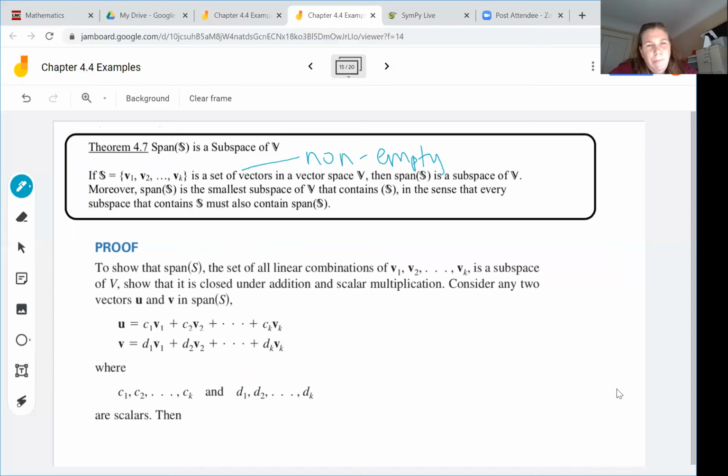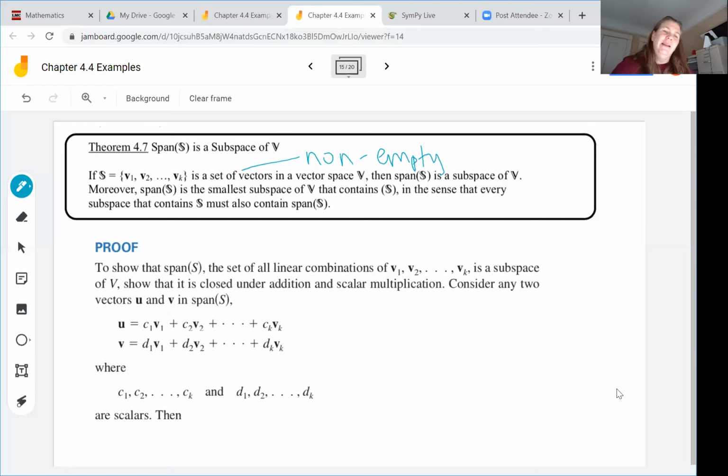To show that span S, this set of all linear combinations of the vectors v1 through vk, is a subspace of V, we want to show that it's closed under addition and scalar multiplication. Remember back to last week when you studied showing subspaces, you had to show closure under addition and scalar multiplication.